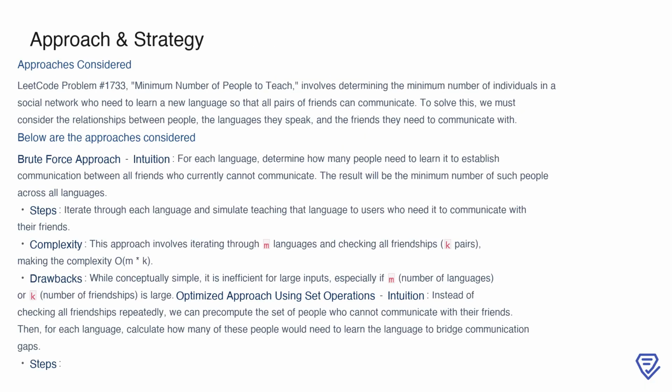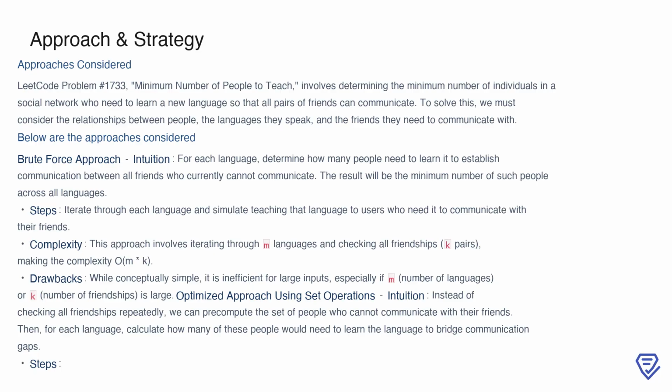To tackle the problem of determining the minimum number of people who need to learn a new language, we begin by considering two main approaches. The first is a brute force method, which is conceptually straightforward. For each language, we simulate teaching it to all individuals who currently cannot communicate with their friends. By iterating through all the friendships and languages, we can calculate how many people need to learn each language to bridge communication gaps.